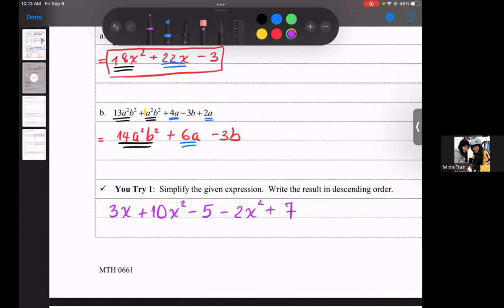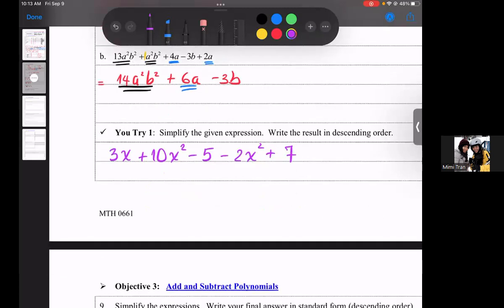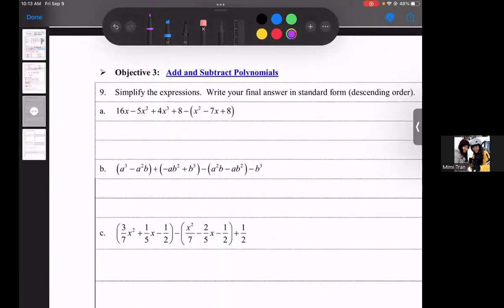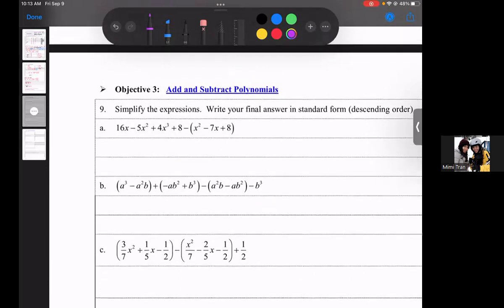Okay, so I think you guys like this better than the new Alta thing. And move on. By the way, for you try 3, we're likely not going to make it. So I'm going to extend it and let you do it at home.